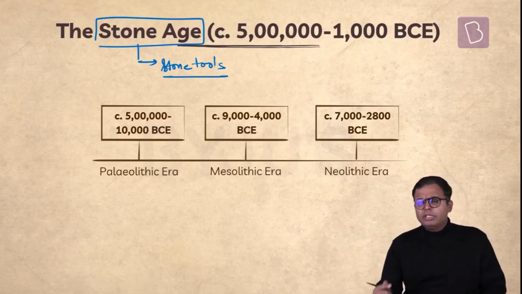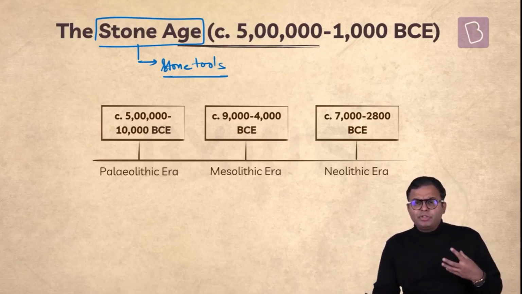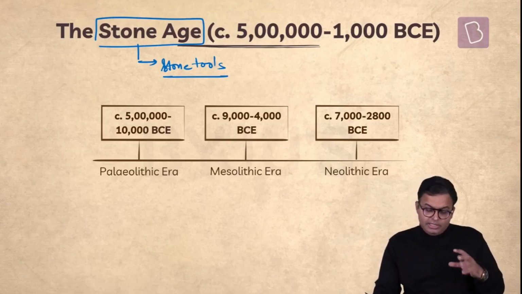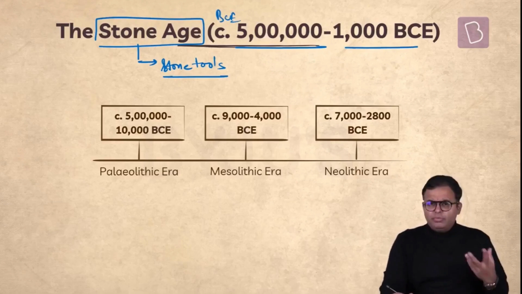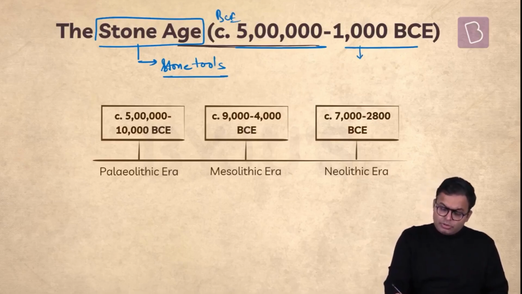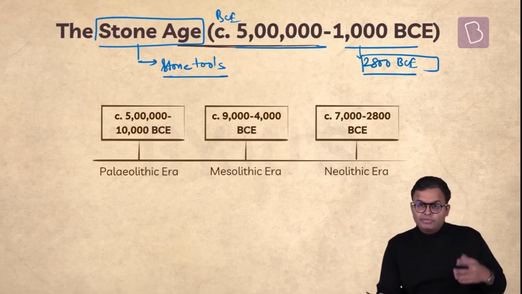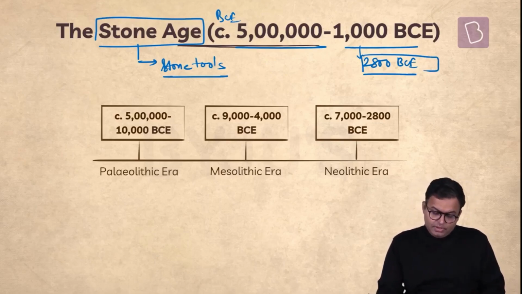But it would be wrong to say that only stone tools were the basis of study of the community life in this period from 5 lakh BC to 1000 BC. Some books also use 2800 BC because after 2800 we have the beginning of Indus Valley civilization, Chalcolithic period.